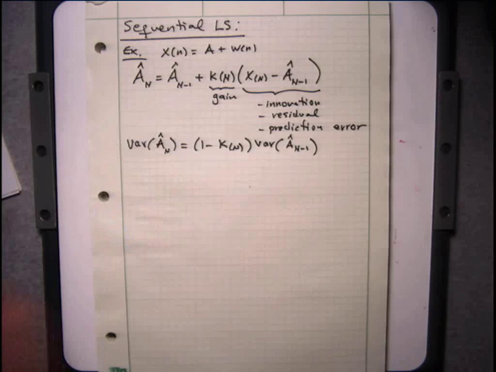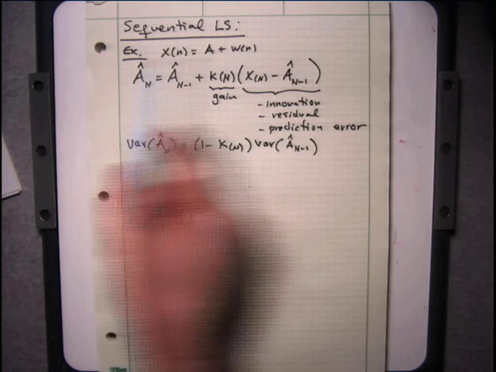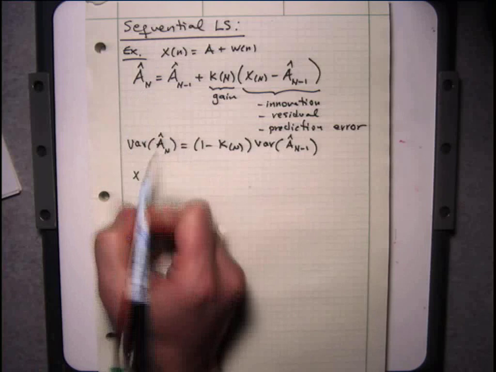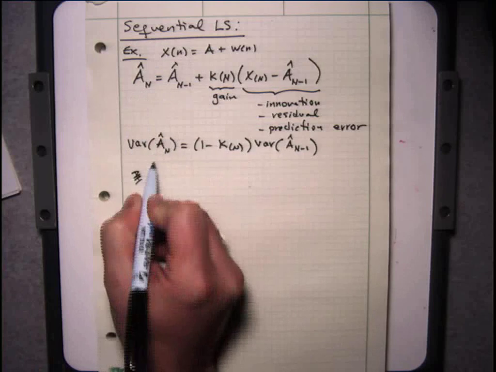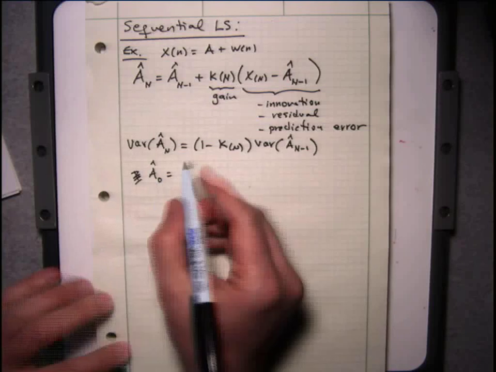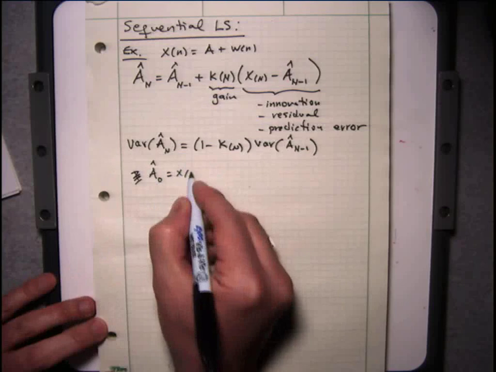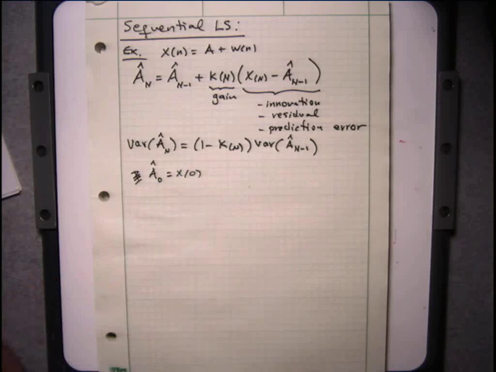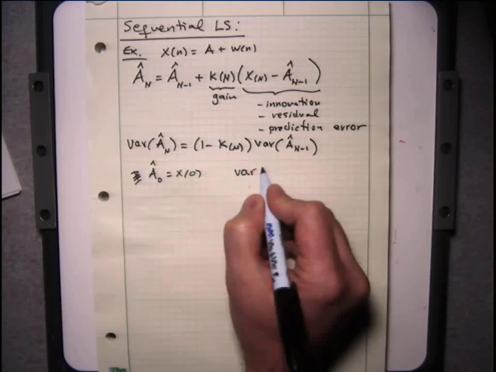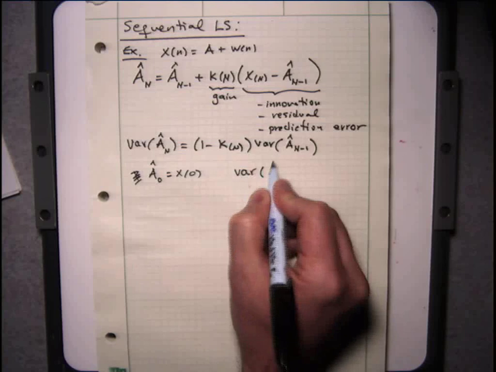So what would you set for a hat of 0? Well, a pretty simple thing to do is set that to be the first data point, or 0th data point. And what about the variance of a hat 0?